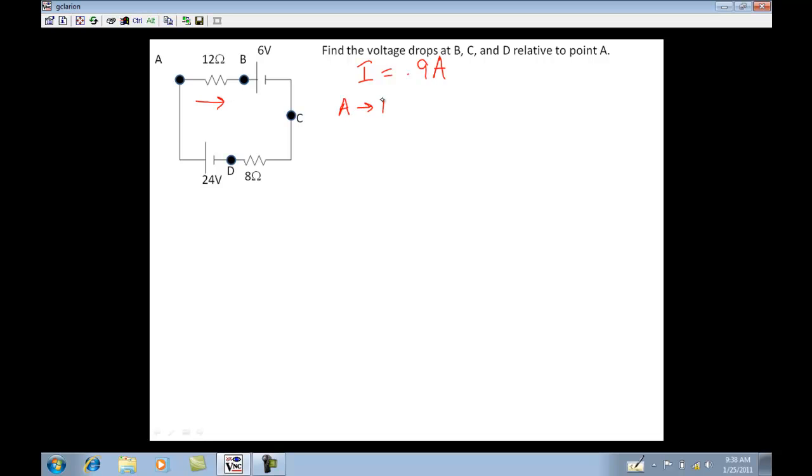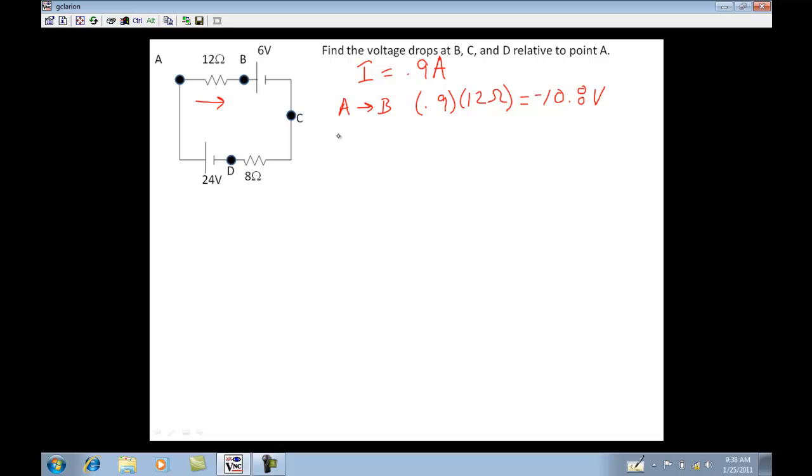How would I figure that out? 0.9 times 12 ohms. Good. That gives me a value of 10.8 volts. But it's a drop, so I have to label that negative. It's a negative 10.8 volt drop.